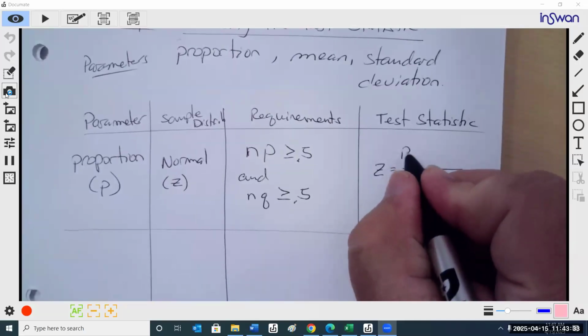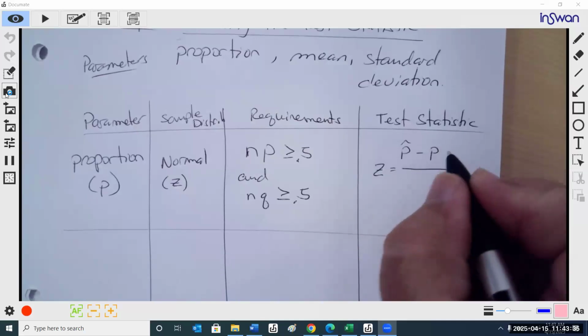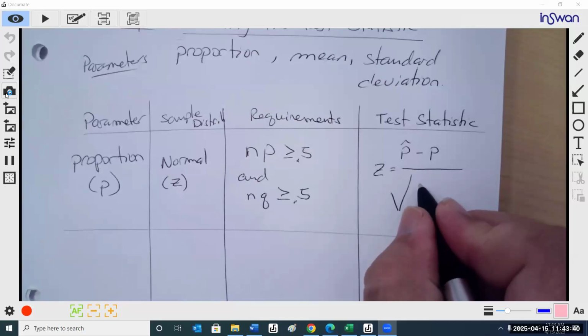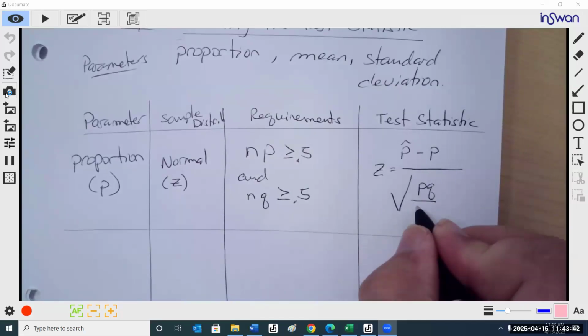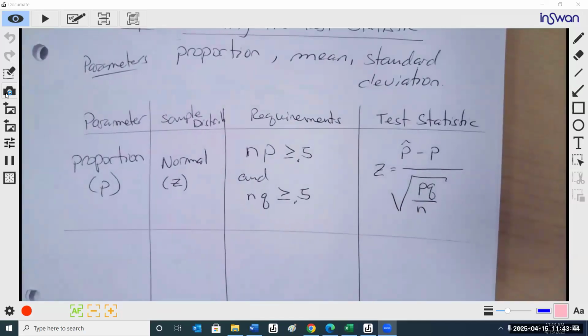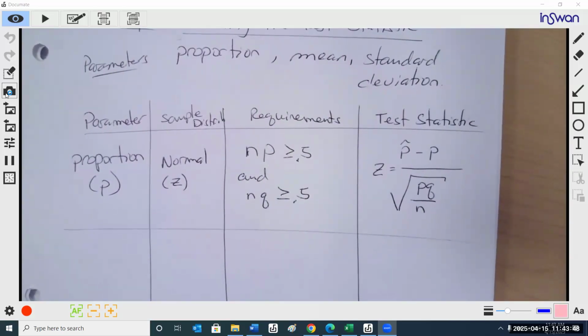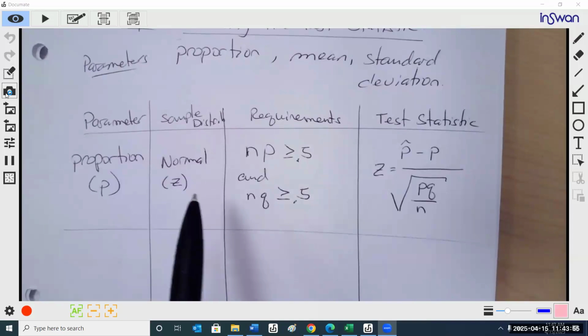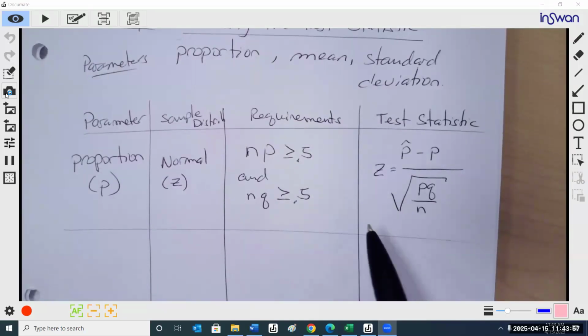And we use this formula we talked about not too long ago: P hat minus P divided by the square root of P times Q over N. We've seen these before; we're just putting them all together. So if you're dealing with a proportion, we have to use a z-score, and we have a valid answer only if these requirements are true.